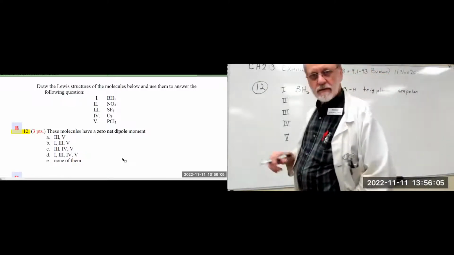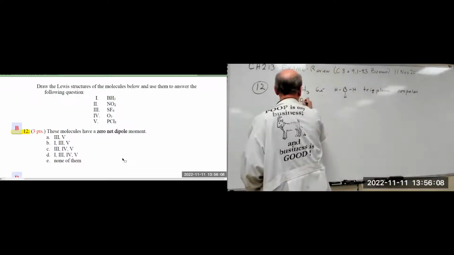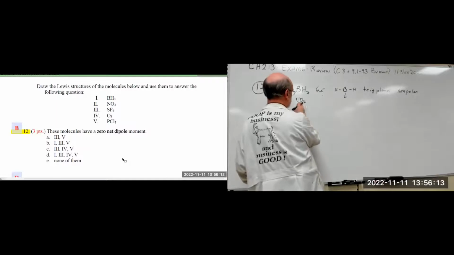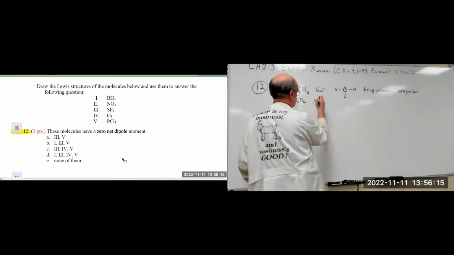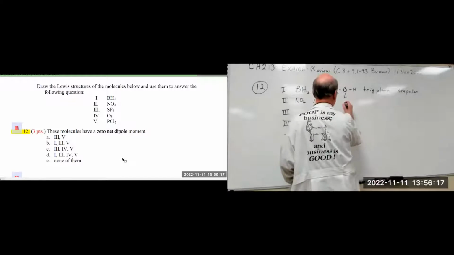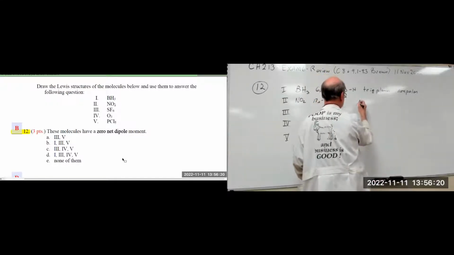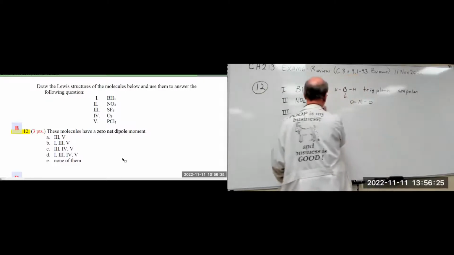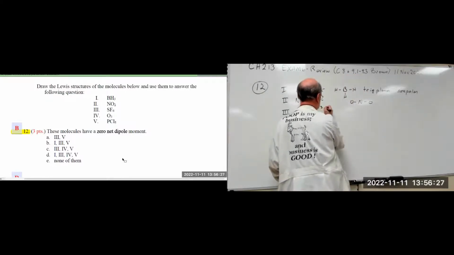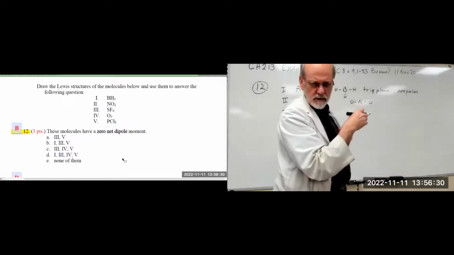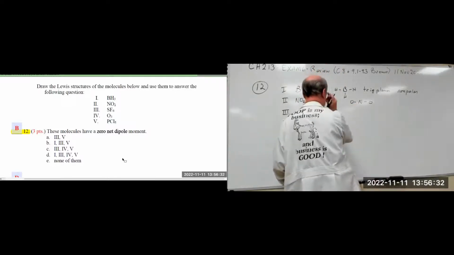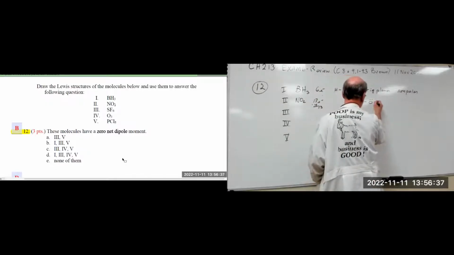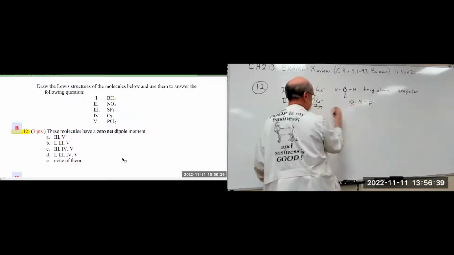How about 2? NO2. Okay, nitrogen has 5, oxygen has 6 each, so that's 12 and 5 is 17. All right, so we have nitrogen, 2 oxygens, which is -4, 13. Did I do that right? NO2? Yeah, NO2. So we've got 6 there, 6 there, which makes, we have 1 left over.